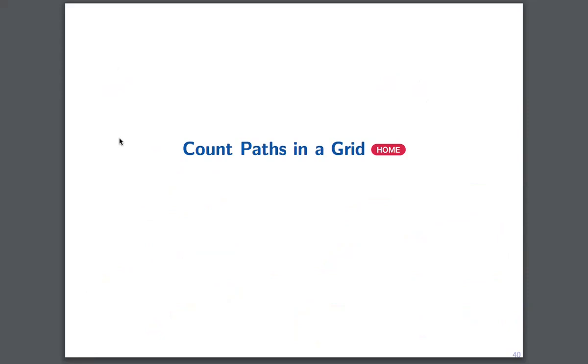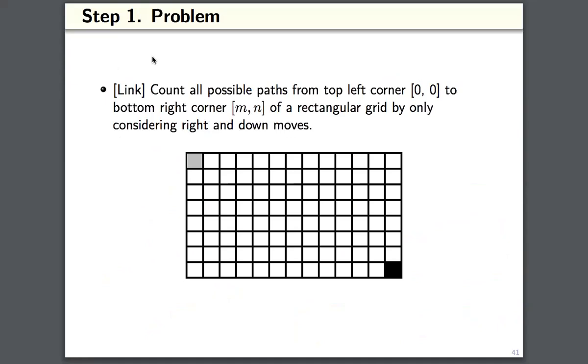Okay, so let's start with this. Count paths in a grid. Now you have a rectangular grid. What is the aim? Our aim is to count all paths from the top left corner, say 0, 0, to the bottom right corner, m, n.